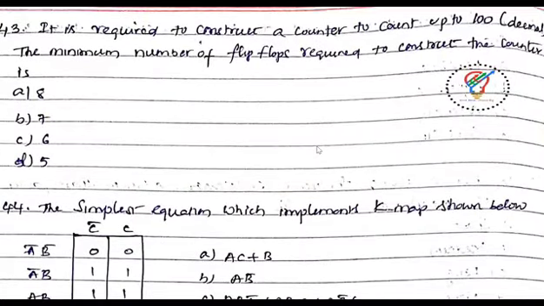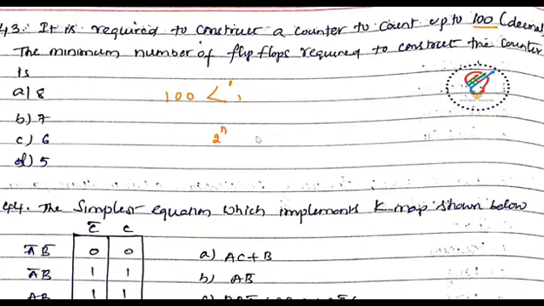Next one. It is required to construct a counter to count up to 100 decimal. Do not consider it as a binary value. What is the minimum number of flip-flops required to construct the counter? How many decimal numbers do we need to count? 1 0 0, that means 100. With a flip-flop we can count two values, 0 or 1. Like that, you have to consider 2 power n.